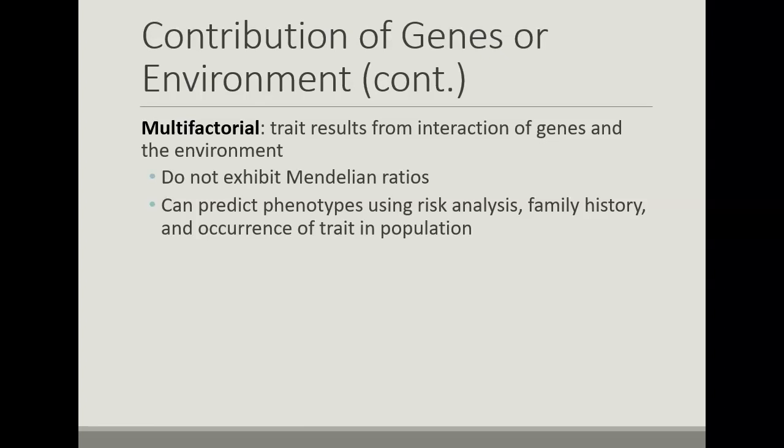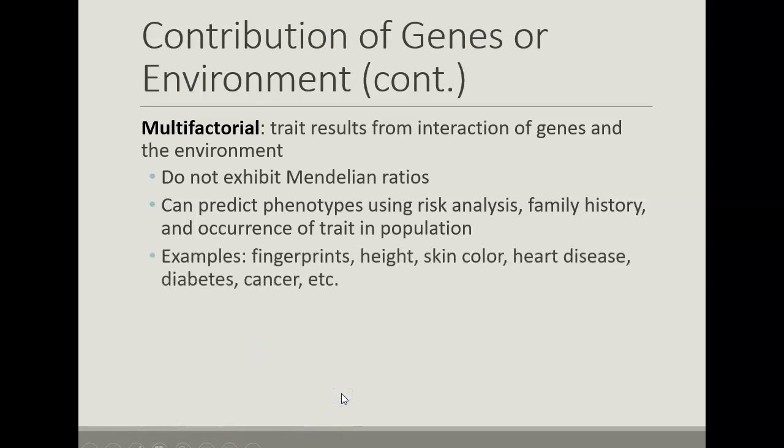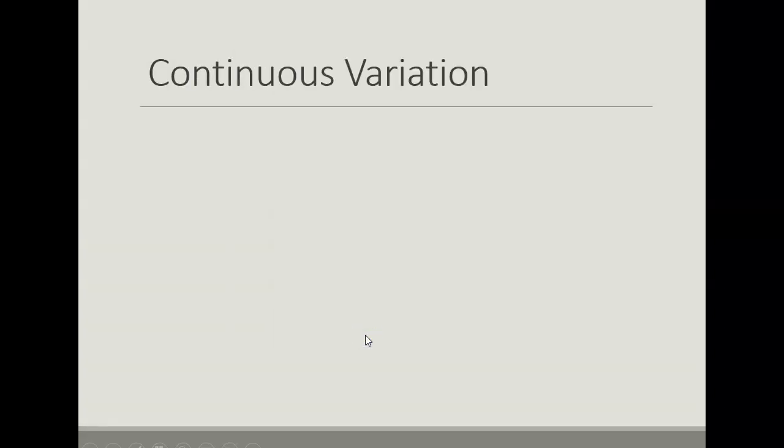You are more likely to have this trait or less likely to have a different trait, but we don't follow those strict ratios. So there are all kinds of different multifactorial traits that we can talk about. We can talk about fingerprints and height and skin color and heart disease and diabetes and your risk of certain diseases like cancers, and so on and so forth.